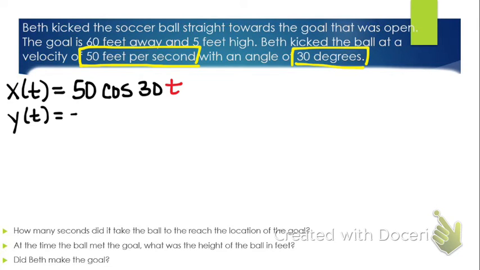So it becomes negative 16.1 t squared plus 50 sine 30 t. And again, not a big sports person, but we're kicking a ball, so the initial height is 0.